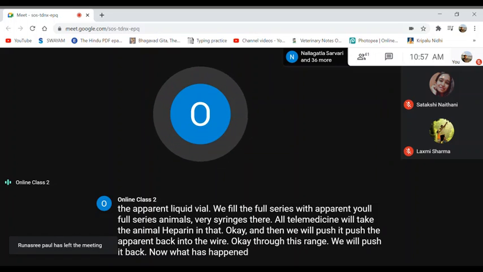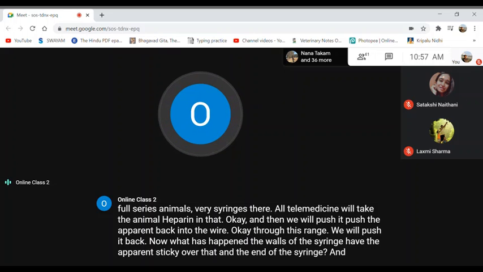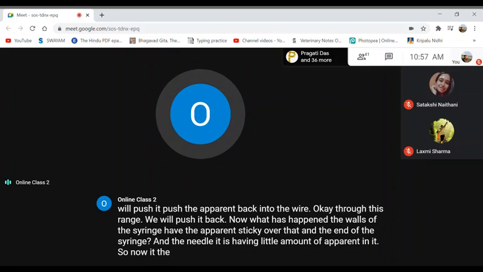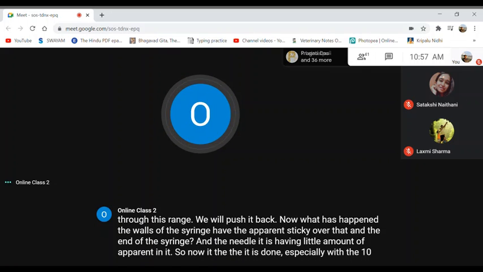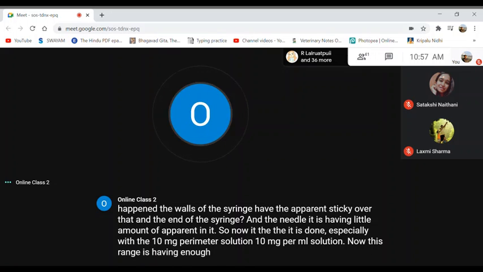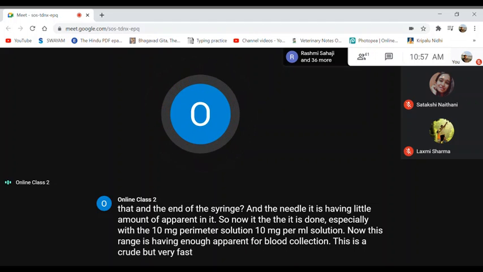The walls of the syringe have heparin sticking to them, and the end of the syringe and the needle have a little amount of heparin in them. This is done especially with the 10 mg per ml solution. Now this syringe has enough heparin for blood collection. This is a crude but very fast, effective method of blood collection.